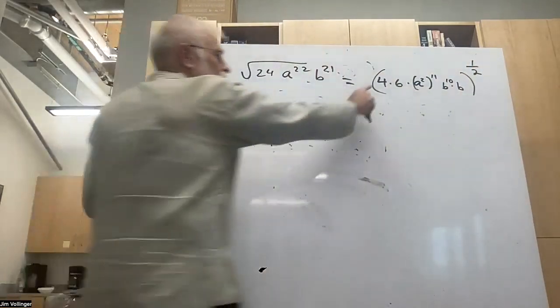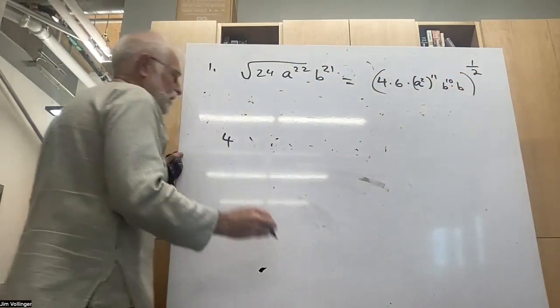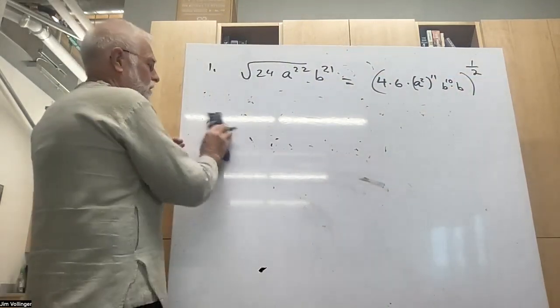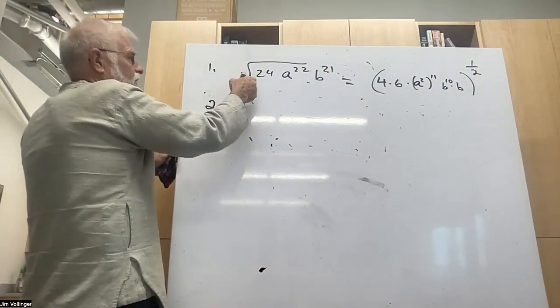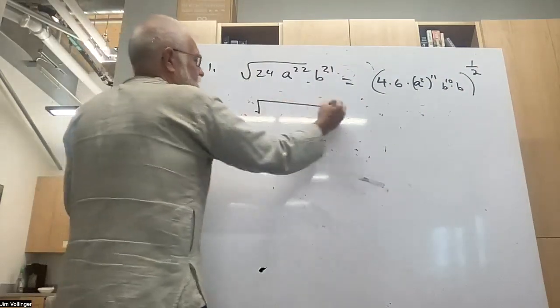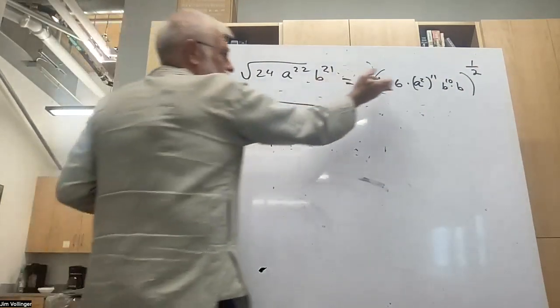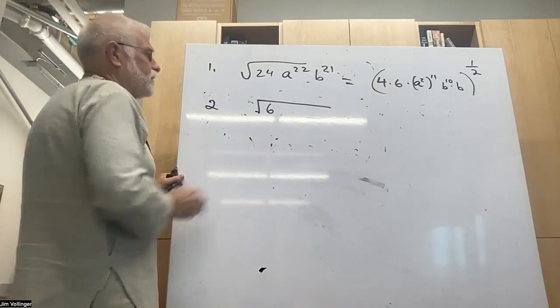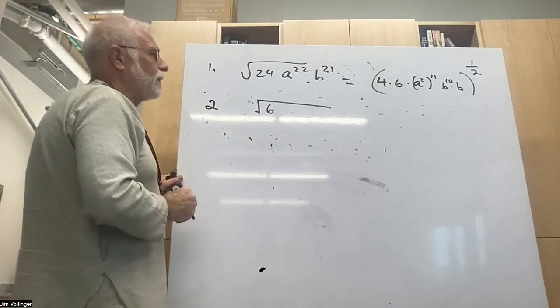Then I know the square root of 4 expressed that way is 2. So I can take a 2 out of this. But the 6 is not easily simplified, so it's going to stay right there.